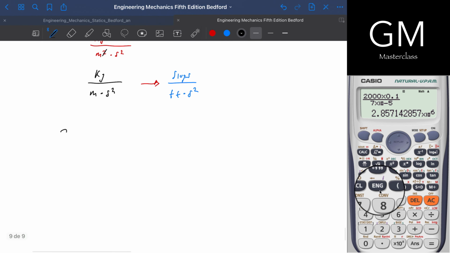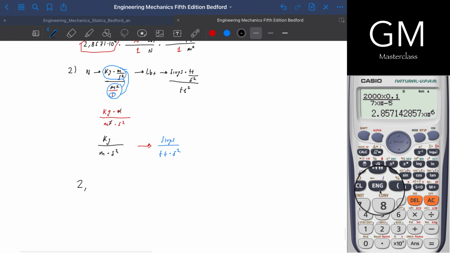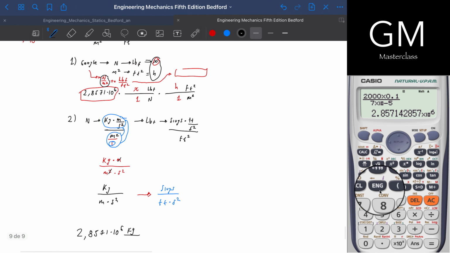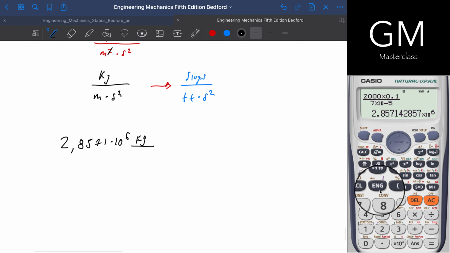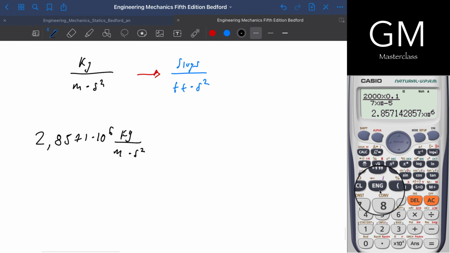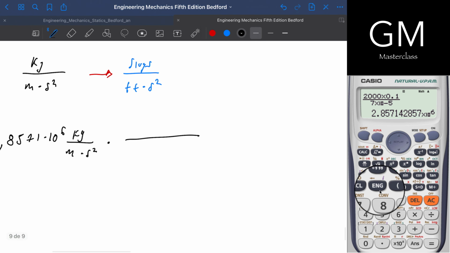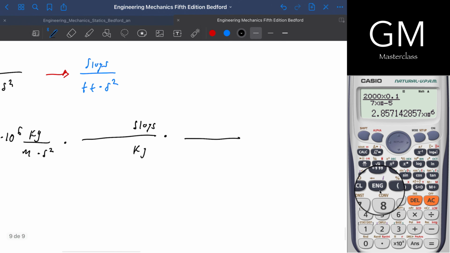So let me write the value that I gotta transform from: 85.3171 times 10 to the 6th power kilograms divided by meter times square seconds. And then I'm going to eliminate the kilograms, transform those into slugs, and finally I'm going to eliminate the meters and transform those into feet.